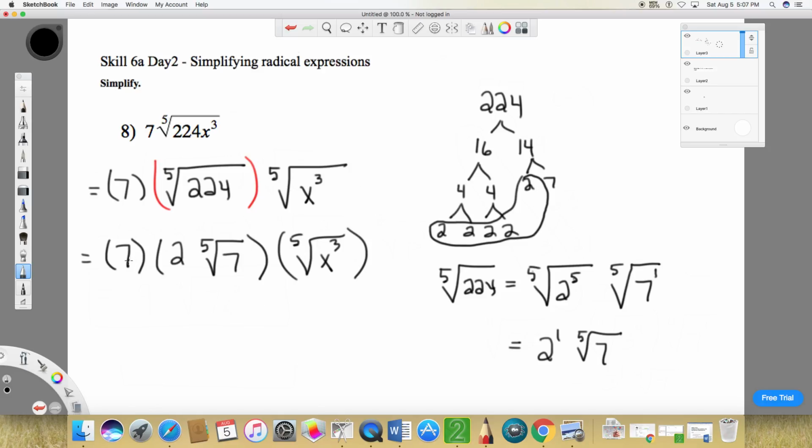And, well, 7 times 2 is 14. And here, since these have the same index, this is a 5th root and that's a 5th root, and neither one of them had enough factors to simplify, I can put that underneath one radical, and here I have it as the 5th root of 7 times x cubed. And that's our final answer.